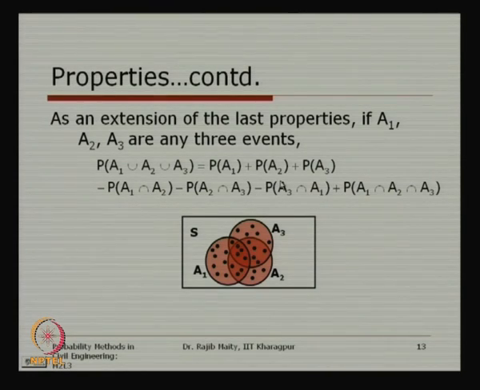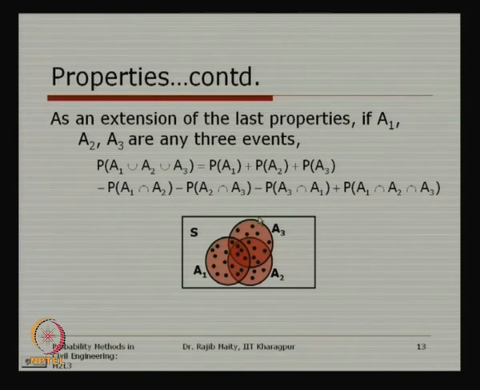Now while doing this deduction, we can see that this particular area has been deducted once more. So we have to add this particular area, which is the intersection of all three events. So we have to add this part, that is probability of A1, A2, A3 intersection.